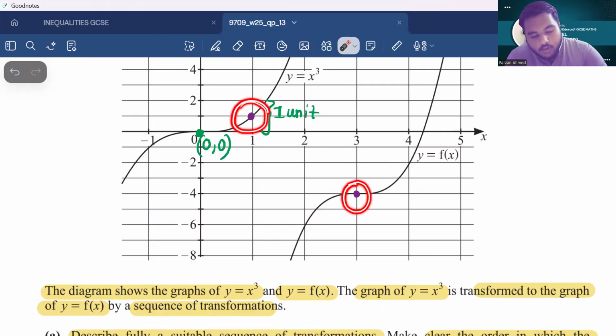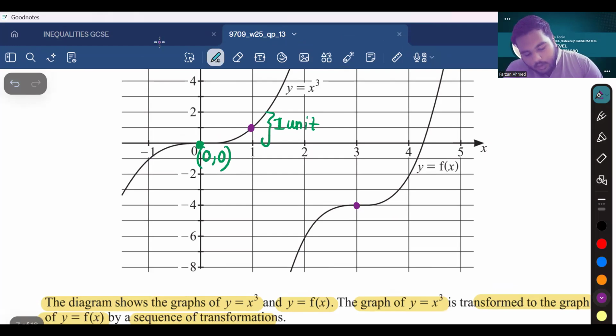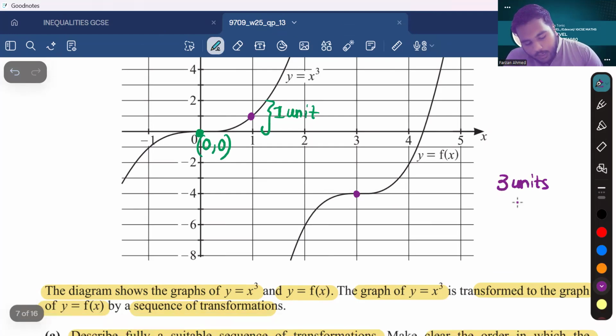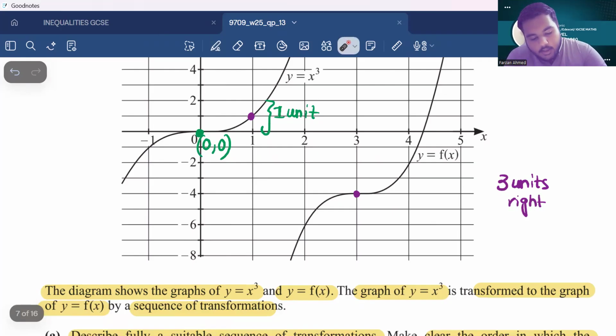So 1, 2, 3. 3 units to the right, right? And this is the turning point now. So we have to check: 1, 2, 3, 4, and 4 units down.